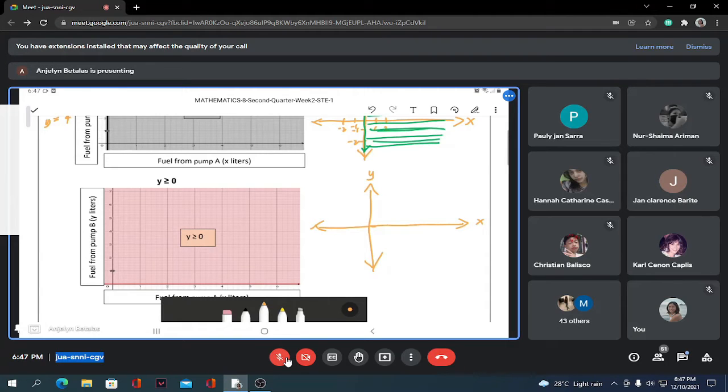You know? Kay wala ka na increasing imo ang kuan, pwede ma-decreasing. Anyway, so 1, 2, negative 1, negative 1, 2. So, y is greater or equal to 0. So, ang y na pod, so dari ang y no, ay kani nga 0.